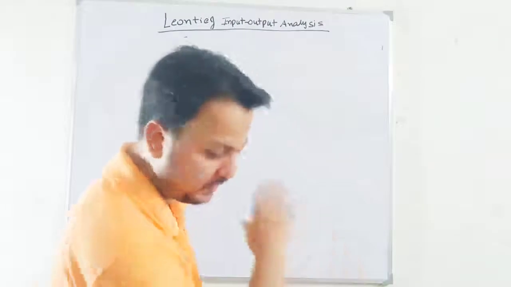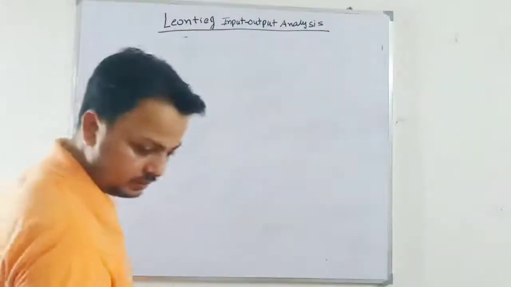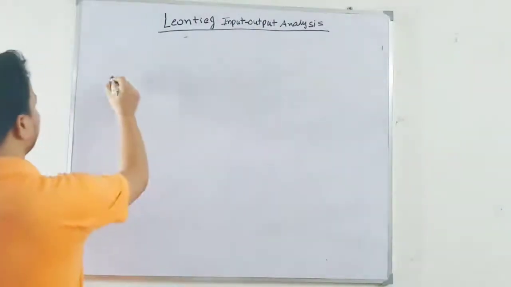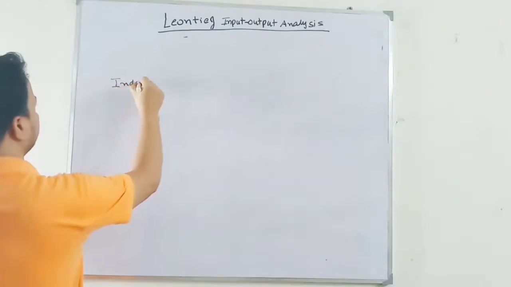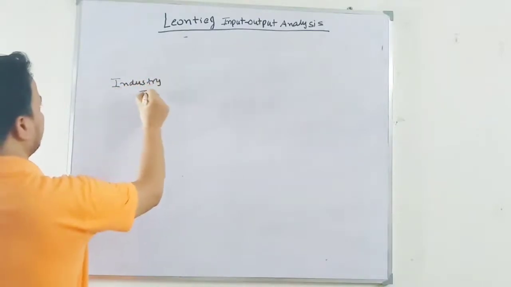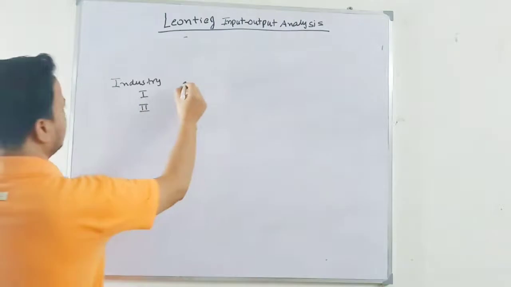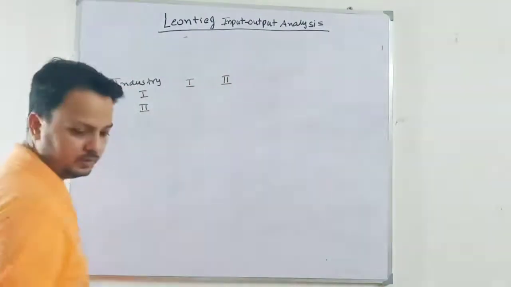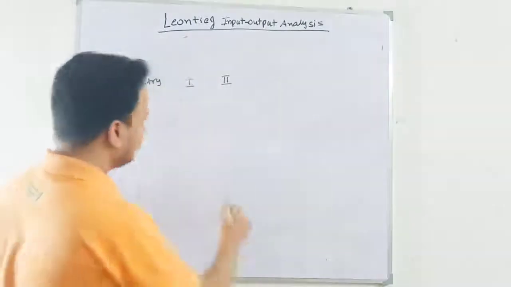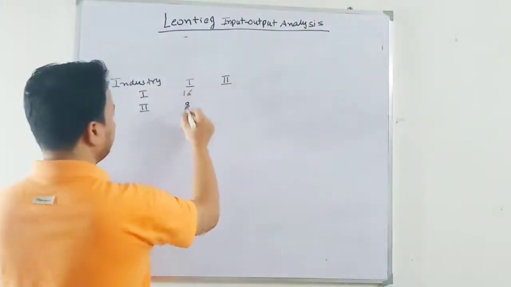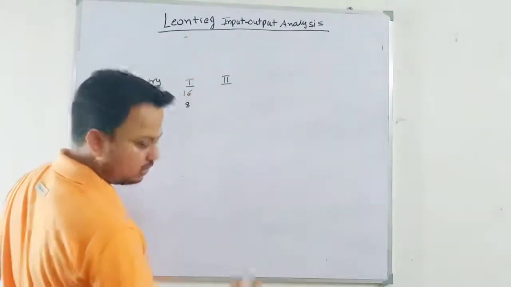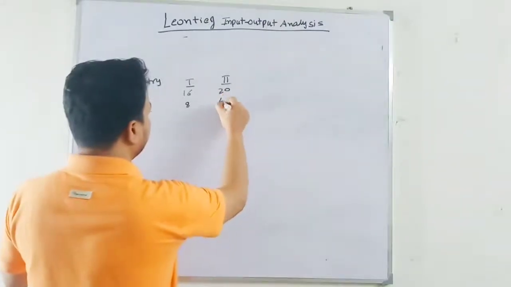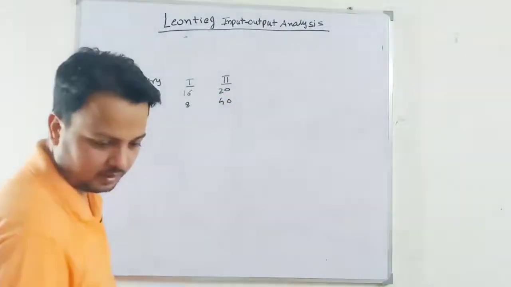Let me write down what they have written in the question. You have industries 1 and 2. This is given in the question: 16, 8, 20, 40.